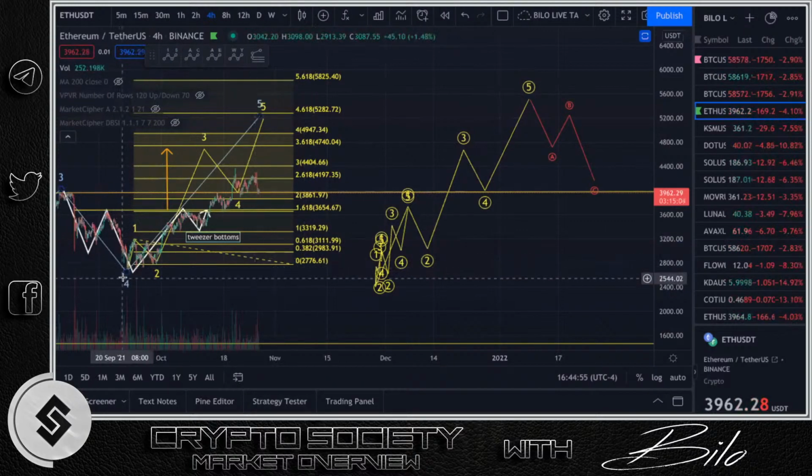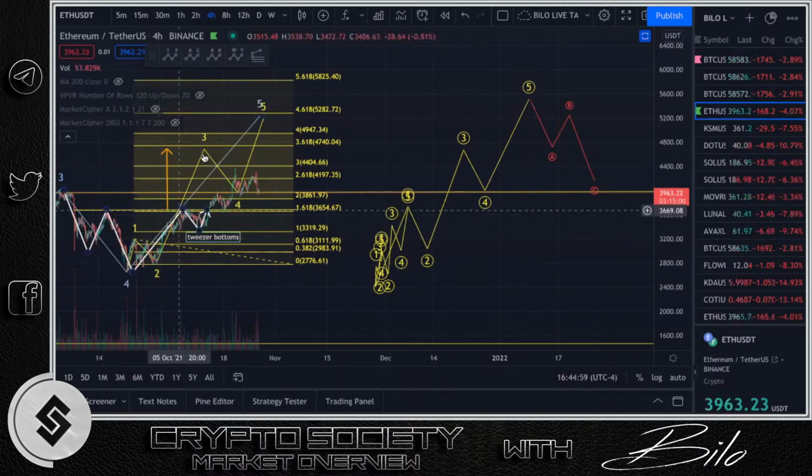So if we agreed that this is wave 1 and that this is wave 2, and we want to find wave 3 and correlate it to this target right here, because this could be wave 5, maybe wave 3 is over. So let's start counting waves. Me personally, I see a wave 1 here, I see a wave 2 here, and now from wave 2 of subwave 3, I need to find another 5 waves to make up wave 3.